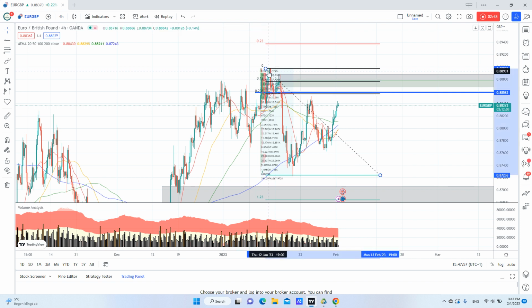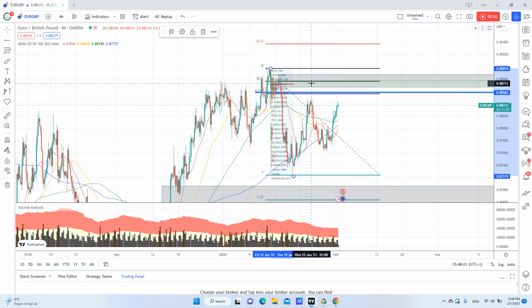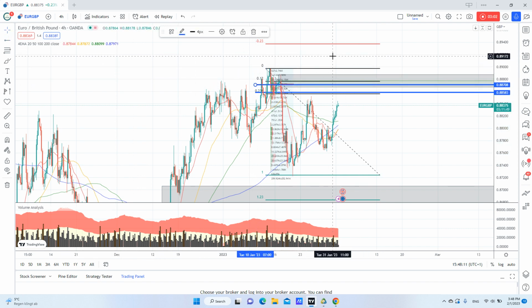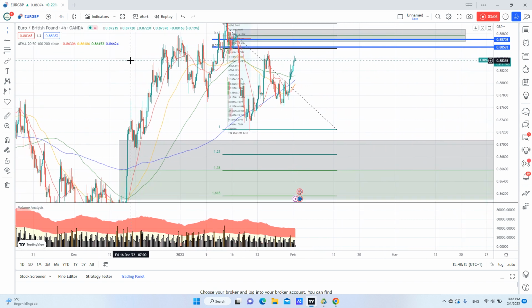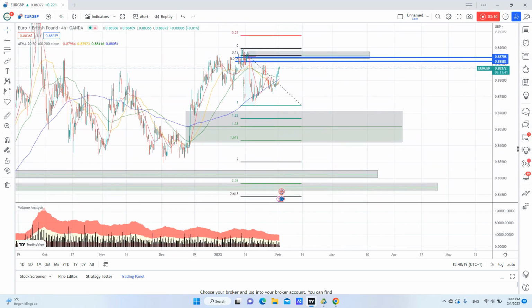Or if we move it like this, we will get a little bit higher if we exclude this from the volume profile. So our entry will be around these levels, and our stop loss here above. And our target, as we said before, we will target the gaps.